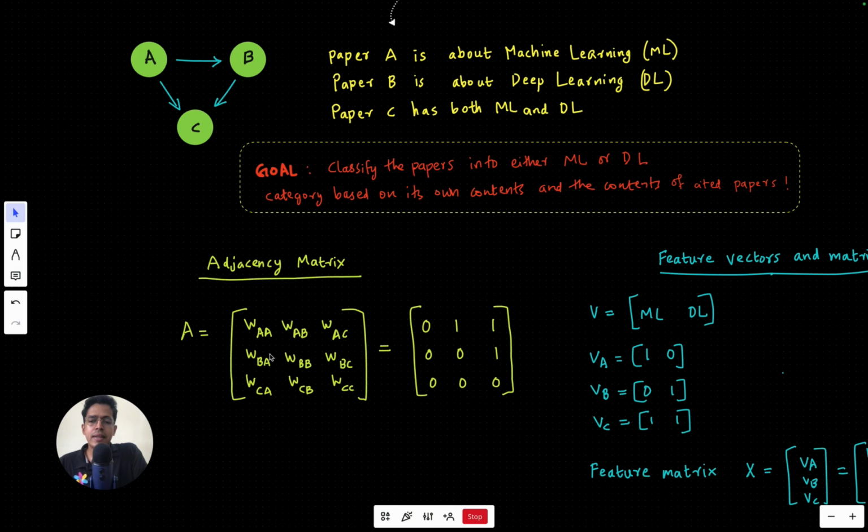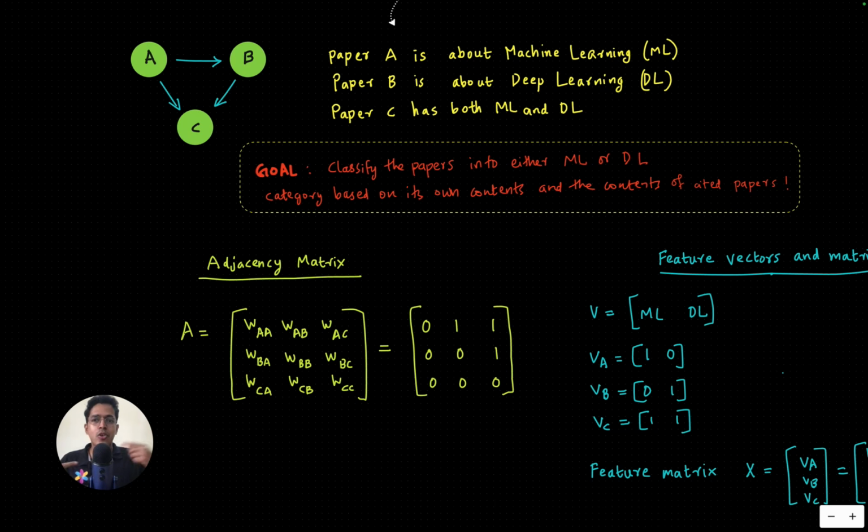Now let us look at these two terms, WBA and WAB. Paper A is citing paper B, but paper B is not citing paper A. It makes sense, right? Because if I am writing and trying to publish a paper, I will be citing already published papers. When that paper was being published, my paper was not in existence, which means that paper cannot cite my paper. Only I can cite that paper.